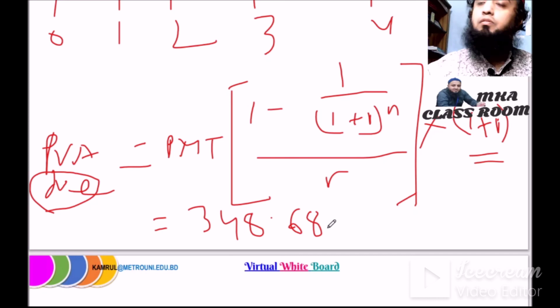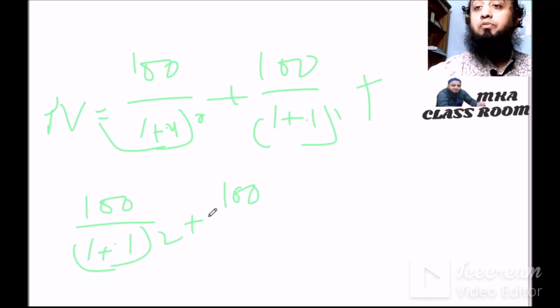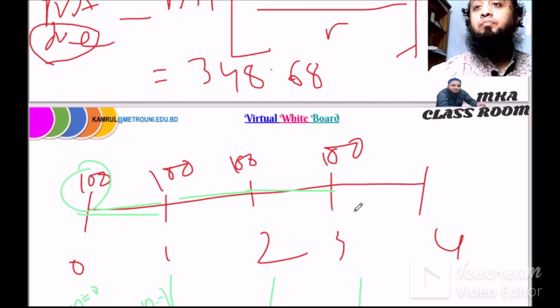Then what will be our present value? 100 divided by (1 plus R) power 0, plus 100 divided by 1.1 power 1, plus 100 divided by 1.1 power 2, plus 100 divided by 1.1 power 3, and the result should be 348.68.